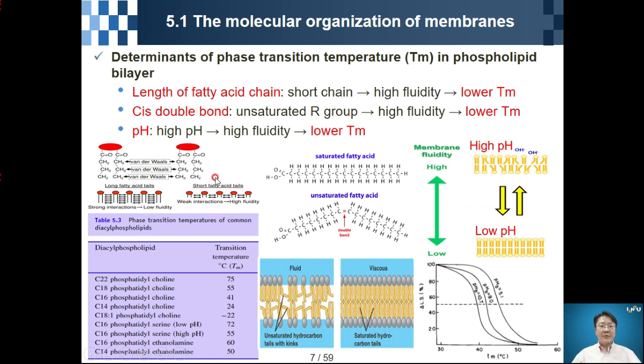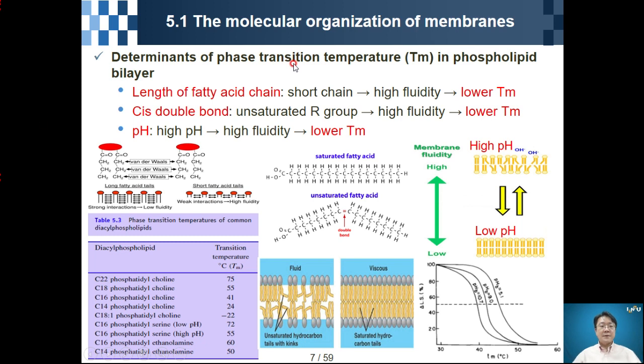If they have short fatty acid tails, a weak interaction happens between each tail, and it will induce high fluidity. The short chain induces high fluidity. Finally, it will induce a lower Tm, a lower phase transition temperature.